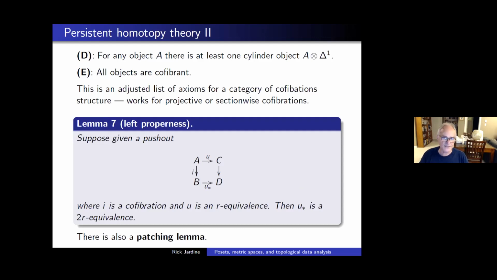But this patching lemma says that if you have R equivalences comparing the two push-out diagrams, then you get 2R equivalences on the corresponding push-out. So that's almost kind of a joke, because that's not what you want to see when you're writing algorithms. But anyway, that's what the structure is.